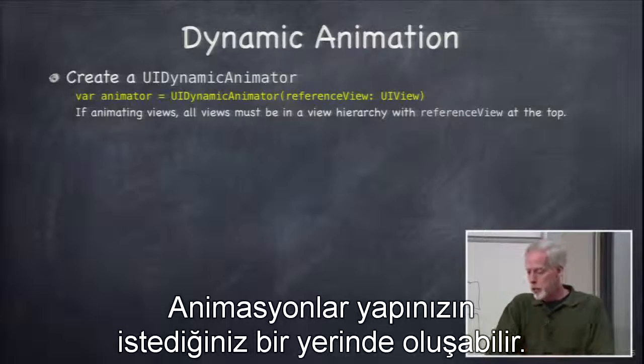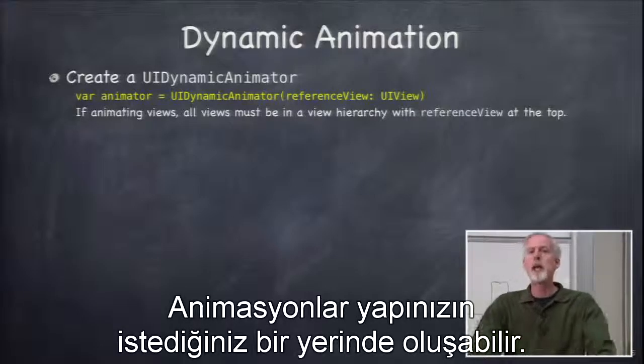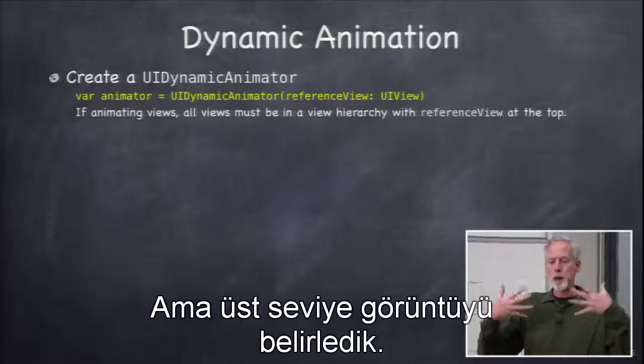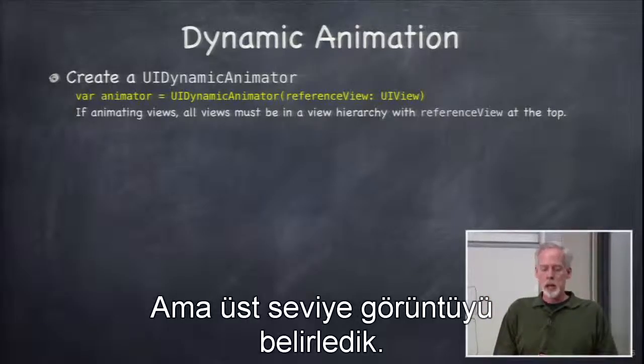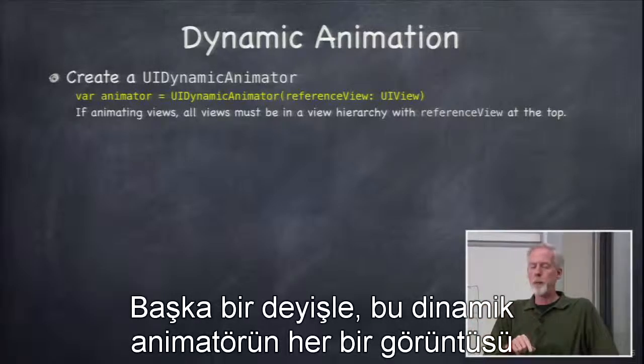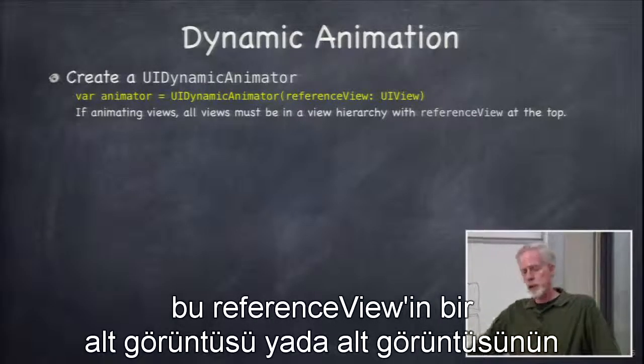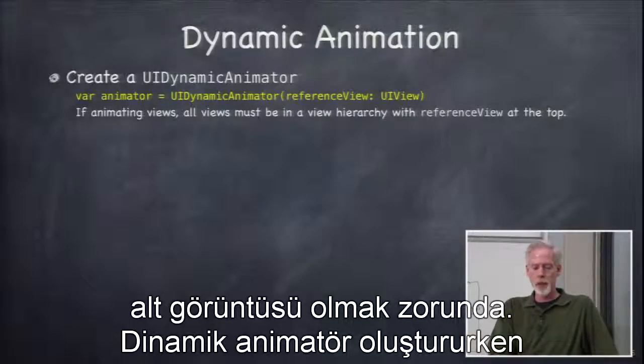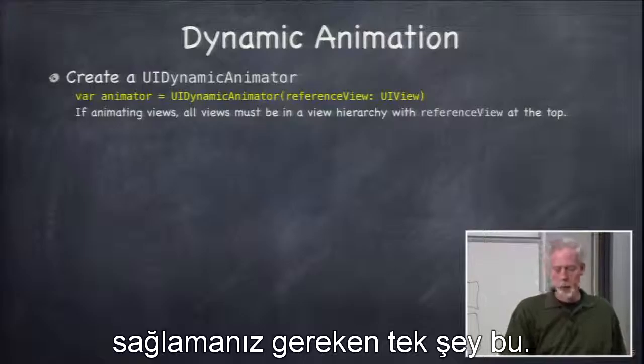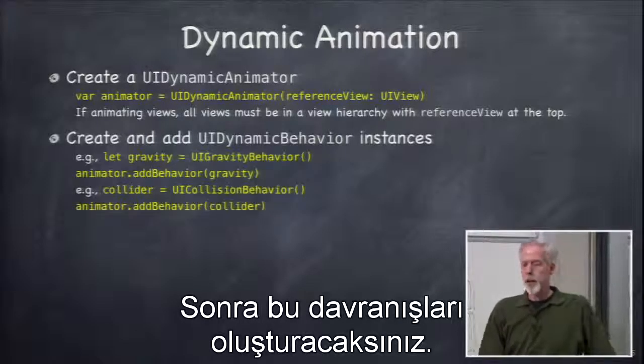Now, animations can occur anywhere deep down that view hierarchy you want, but we have to specify the top level view. So in other words, any view that this dynamic animator is going to animate has to be a subview or a subview of a subview of a subview of this reference view. Okay? So this is the only argument you have to provide when you create a dynamic animator. Then you create these behaviors.